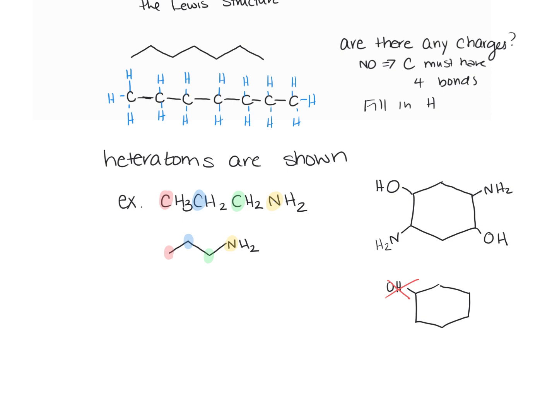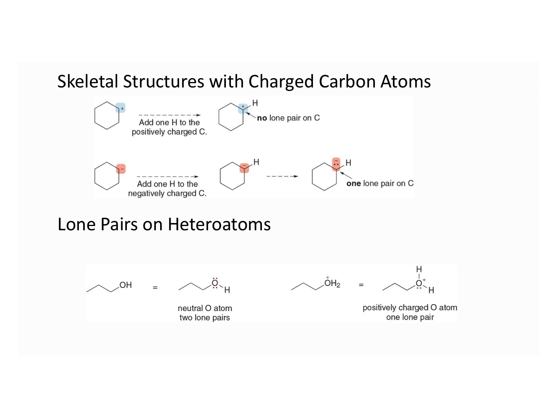Well, let's talk about charges and lone pairs because we haven't talked about those. Okay. If you have a skeletal structure with a charged atom, you have to know that if that's got a formal charge of +1, there is automatically one hydrogen there. Okay, that's a carbon.